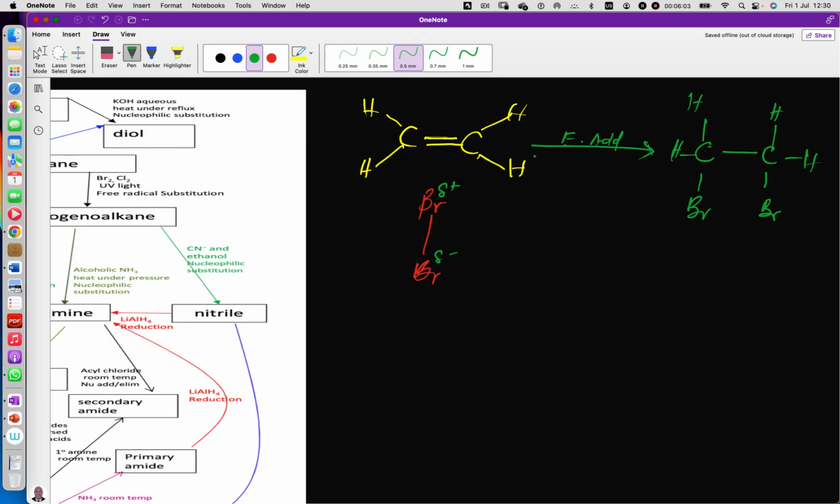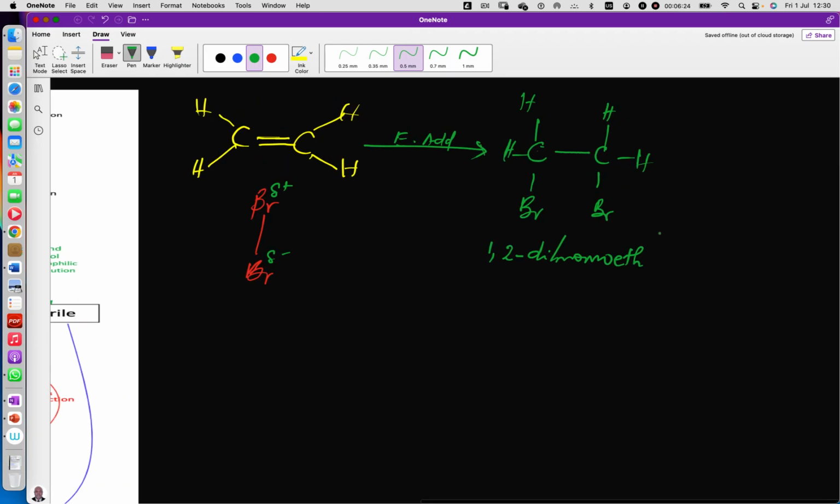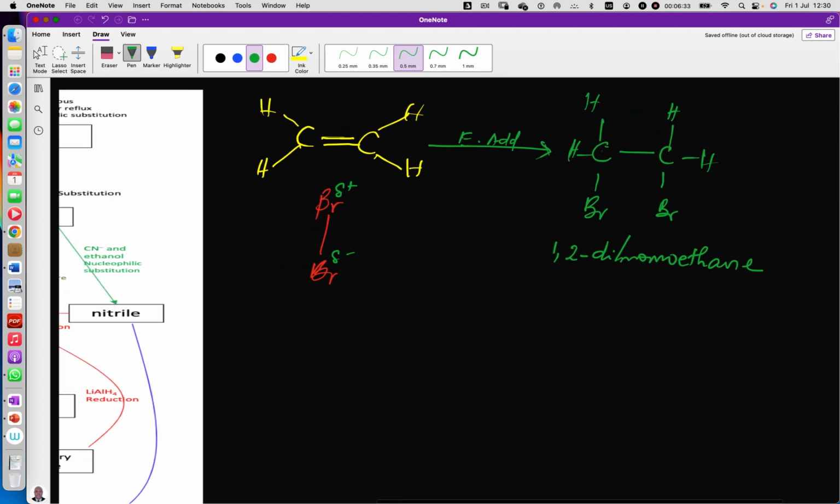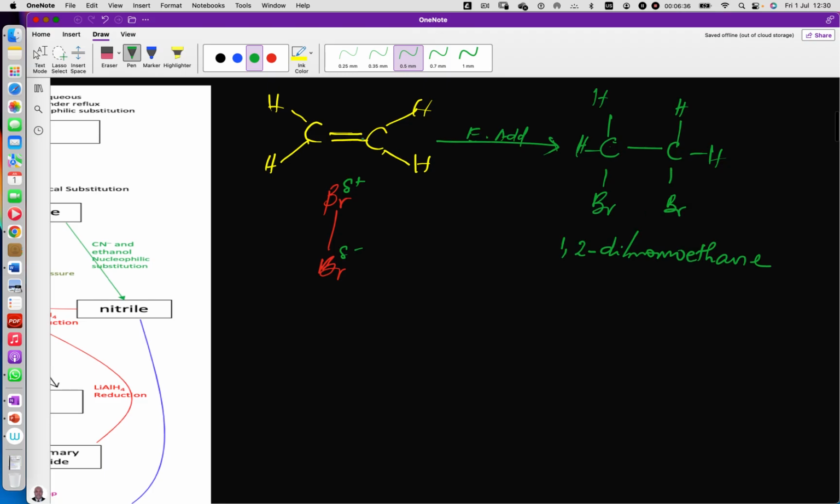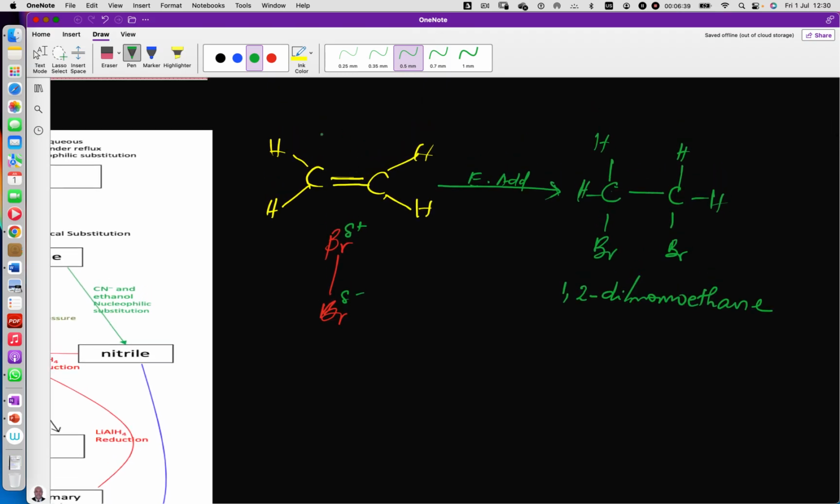In that case, we say this is 1,2-dibromoethane. Here, this was the alkene, and this is an ethane molecule.